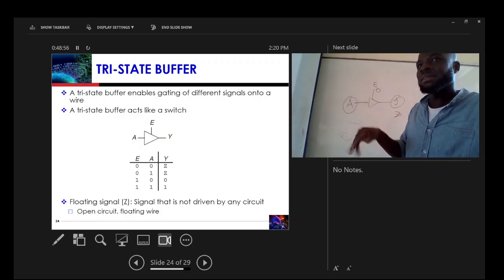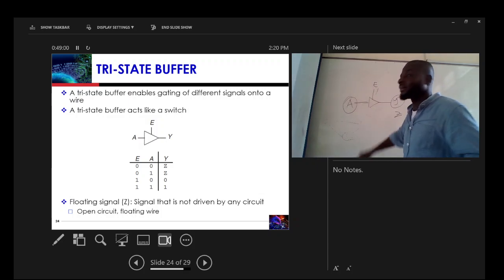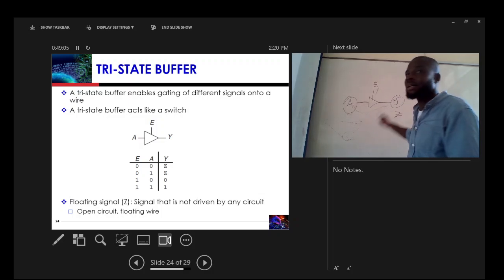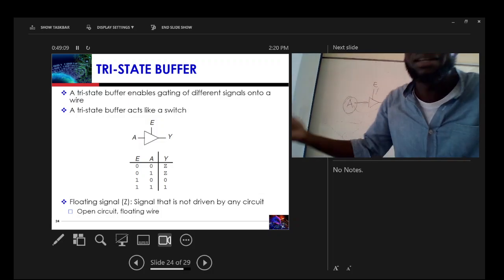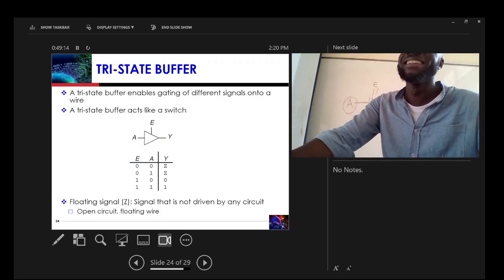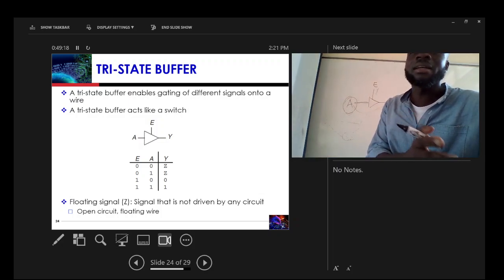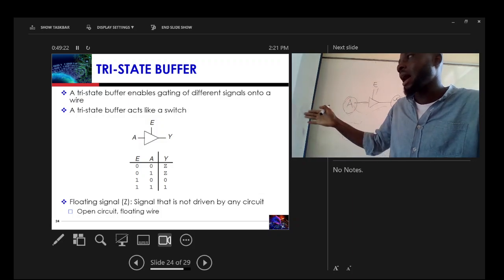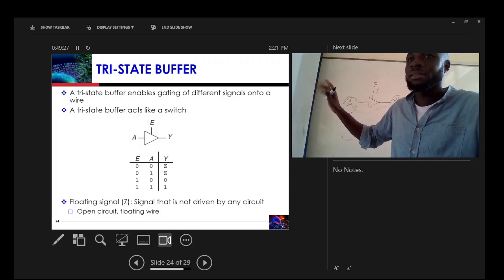Understood? If the enable is 1, any value here will be routed to the output. Simple as that. So if it's 0, it disconnects the output from the input, and the output is left floating at high impedance, but not 0 or 1.